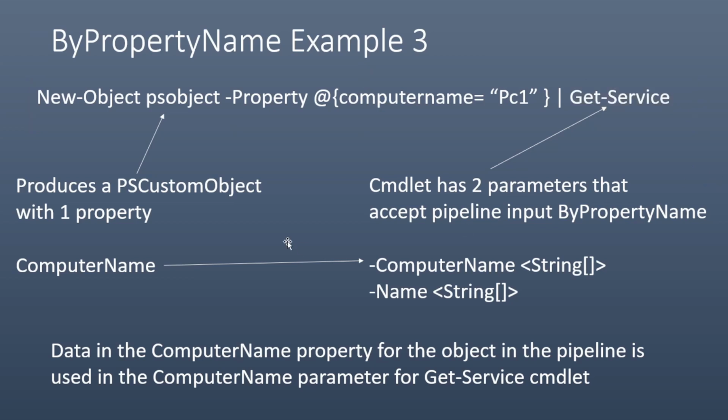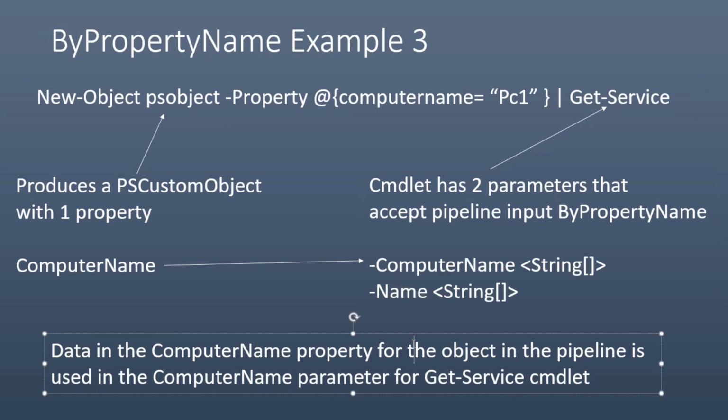All right. So the first part here, New-Object, produces a PSCustomObject with one property, ComputerName. And we're piping that object over to Get-Service, which, if we look at the help, that cmdlet has two parameters that accept data from the pipeline by property name: ComputerName and Name.